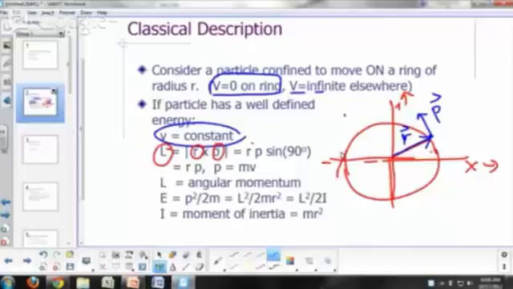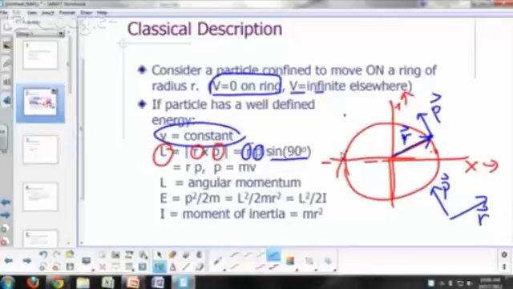And the magnitude of the cross product of two vectors is just the product of the magnitudes of the two vectors times the sine of the angle between them. What's the angle between the r vector and the p vector? Here's your r, and here's your p vector. In this particular case, if your particle is moving on a circle, then that angle is 90 degrees.